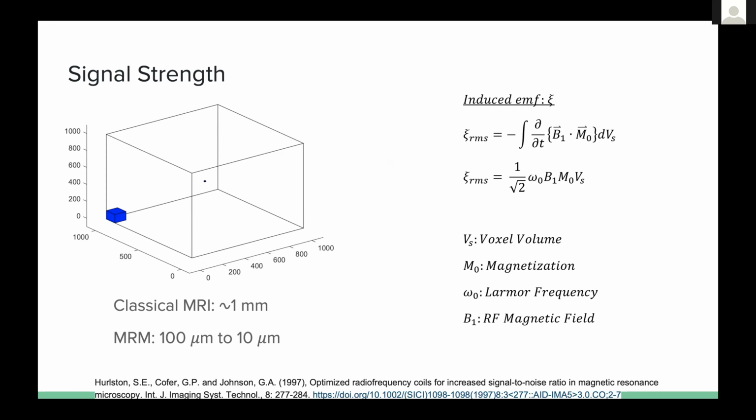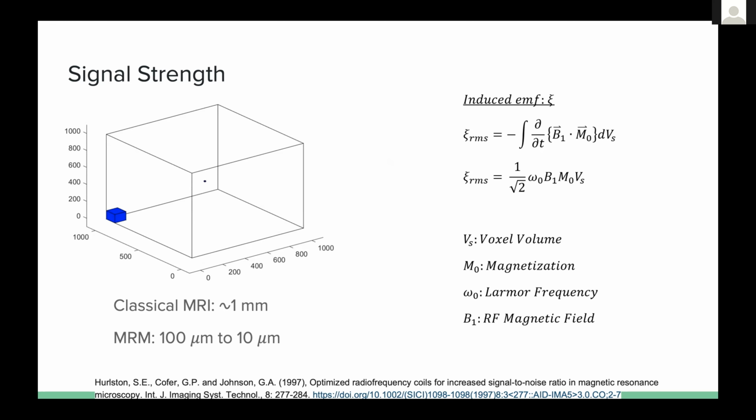The large clear cube is 1 millimeter isotropic, which is a similar size to classical MRI, and the blue cube is 100 micrometers isotropic. And if you look in the very center, it almost just looks like a small dot, which is a cube that is 10 micrometers. As these sizes are getting smaller and smaller, there are way fewer protons, which means you're going to get a much weaker signal.